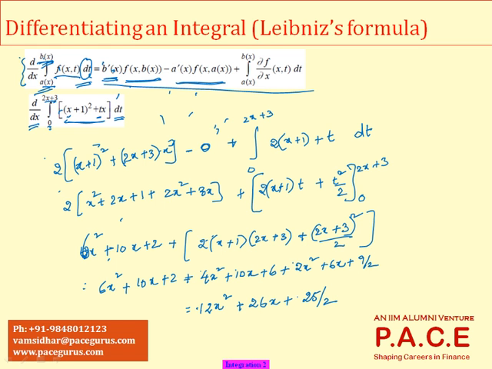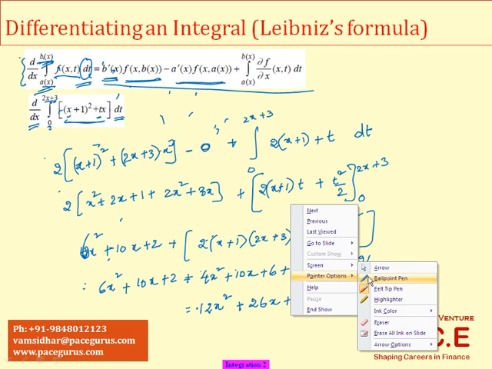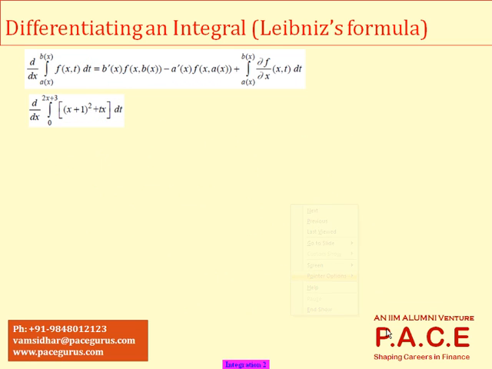Whenever I have to differentiate an integral, the integral is with respect to t. So these are 3-4 things which I need to be comfortable with, especially to apply the Leibniz formula. I need to express the function in terms of f of x comma t.